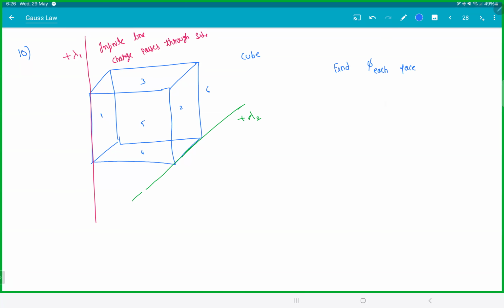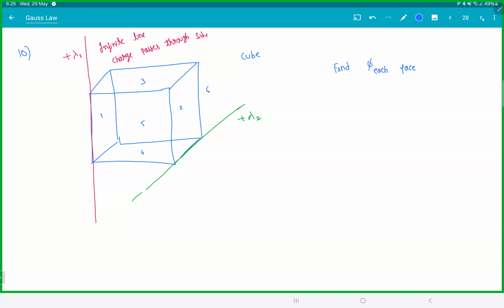Instead of point charges, now we have line charges. For this also, we don't require the side length.